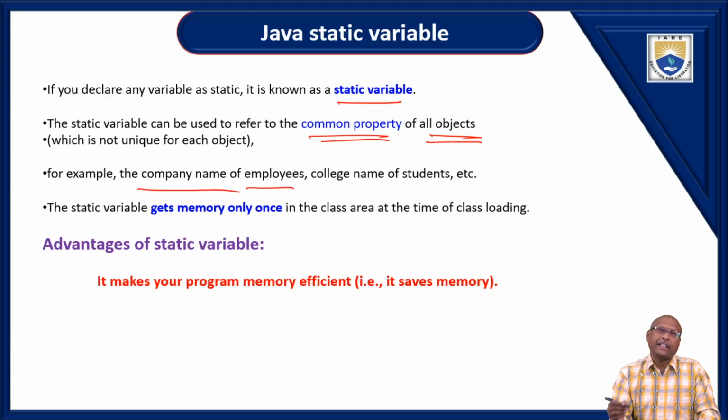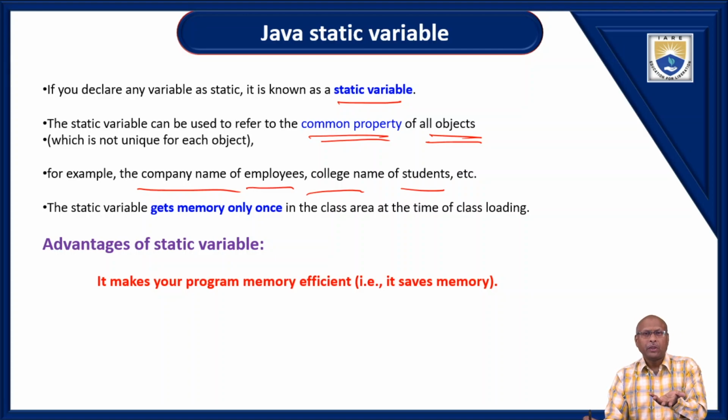There are many employees in a company, and for every employee the company name is the same. So I can keep the company name as static data. Similarly, the college name for all students. Assume there are multiple student objects. For all students, the college name is the same, so I can keep the college name as static. The common property you can declare as a static one.